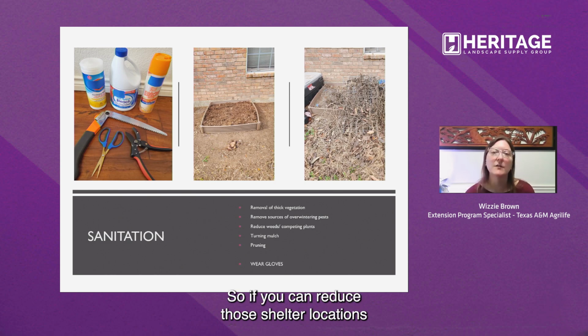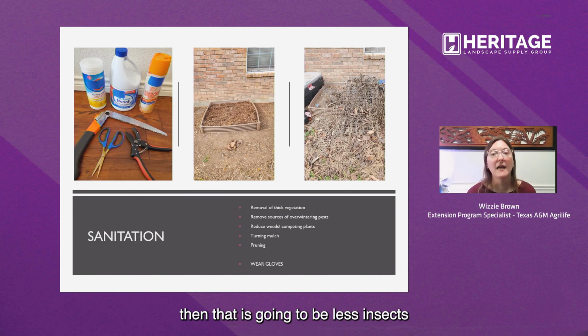So if you can reduce those shelter locations for the insects, then that is going to be less insects that you'll have the following year. You also want to make sure that you are reducing weeds in the area. And that is important because those are usually the first things that we have in the season.